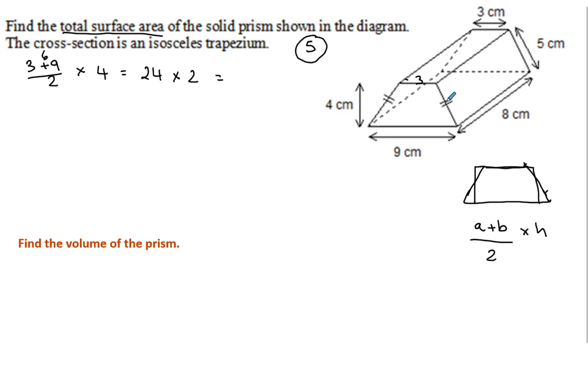Then that face there would be 8 times 5, and we've got 1 of those. And the one at the bottom would be 9 times 8, and we've got 1 of those, and then the other one would be 8 by 5.